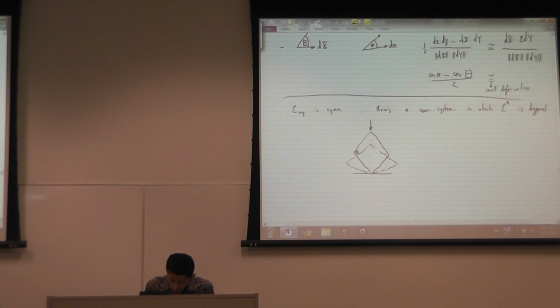If you look at a small cube inside the material, this is the original shape, and this is the final shape. No shear strain. Why no shear strain? Because this angle is still 90. So in this coordinate system, the strain matrix is diagonal.